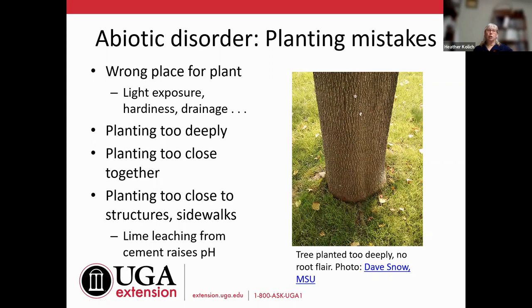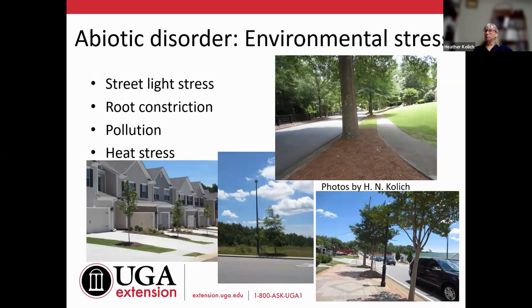And trees also that are planted too close or in close proximity to structures like house foundations, sidewalks, are going to suffer from a pH change, possibly having a soil pH that's too high, because the lime that leaches out of those concrete structures is going to raise the pH in the soil as well.